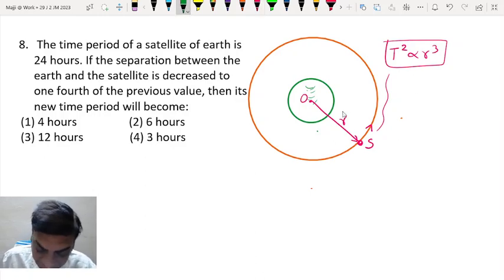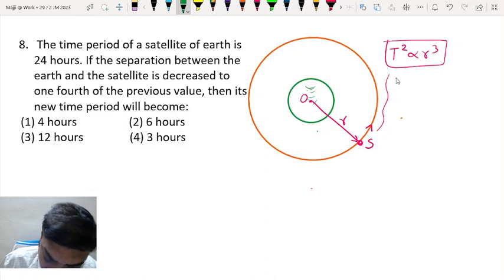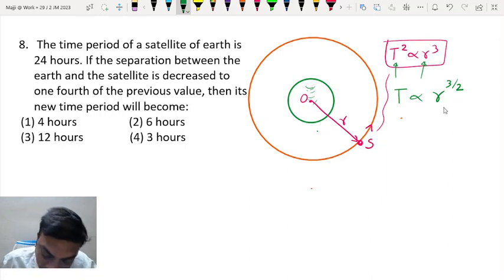So if we can find the factor of change for t in terms of the factor of change of r, then immediately we can solve the question. The factor of change for t can be calculated from the factor of change of r by this formula. So let us see. The separation has been decreased to 1/4.